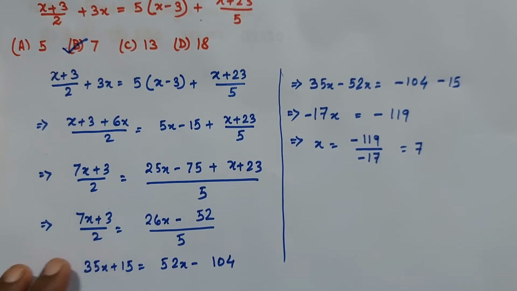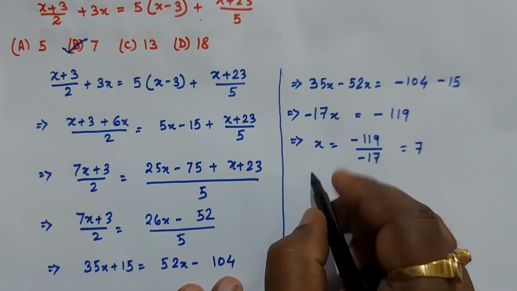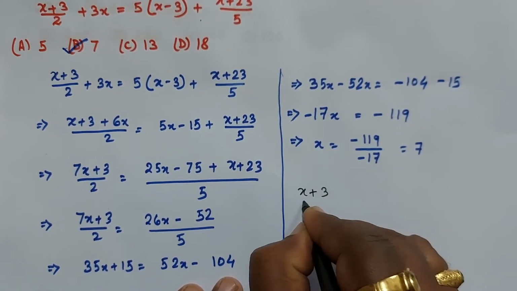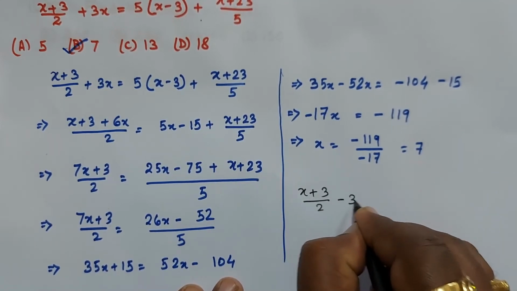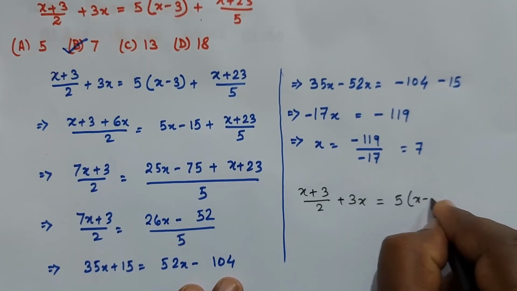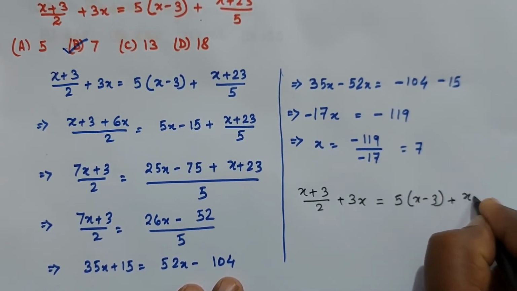This math we can do in another process also. I am not going to show you the whole solution, just the first line, so that you can try it on your own. Give it a try. See, the question was this, isn't it? 5(x - 3) + (x + 23)/5.